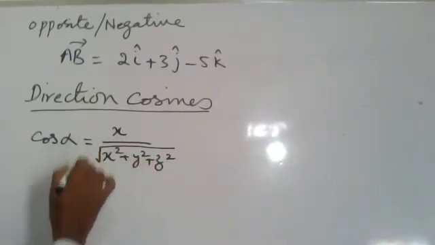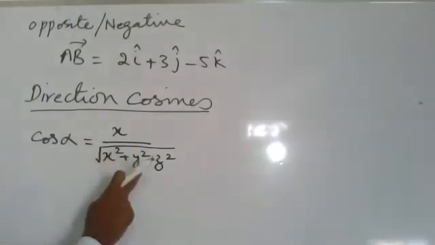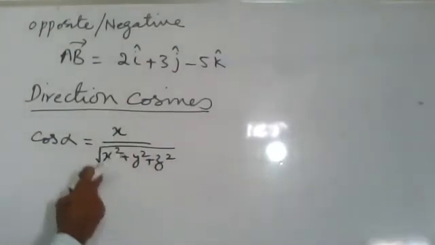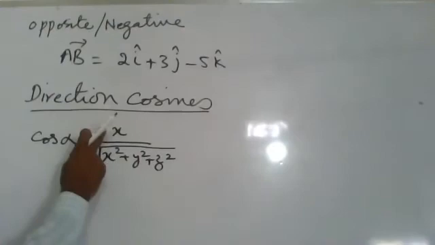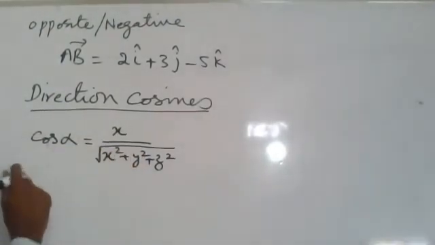That is the magnitude of the vector. So the x component divided by the magnitude gives cos alpha.